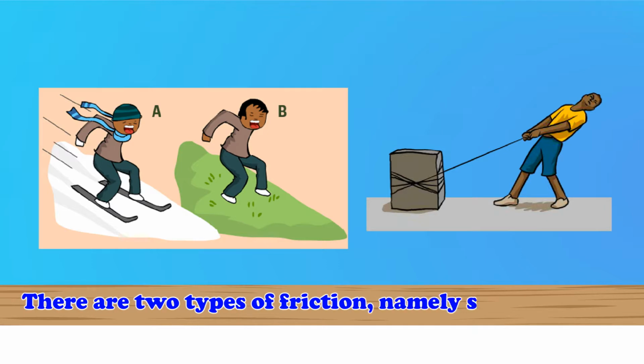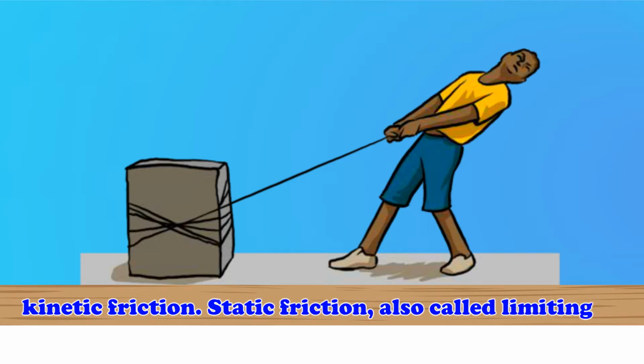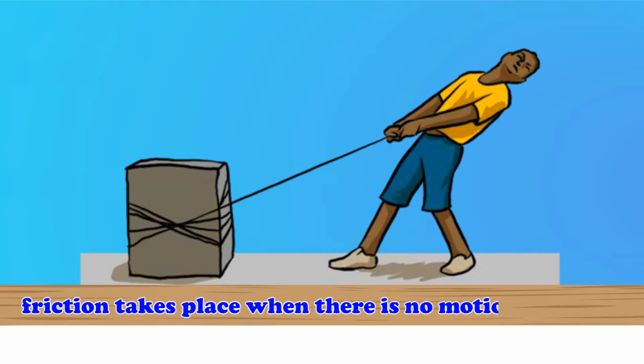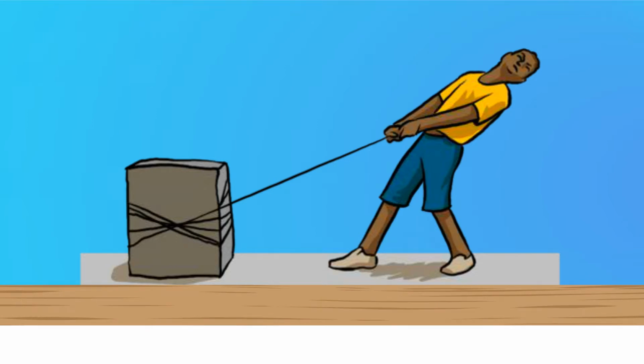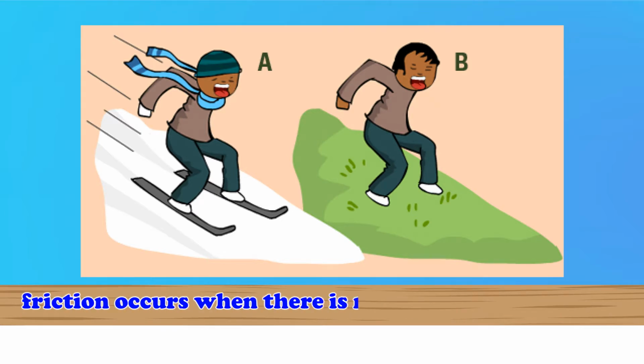There are two types of friction, namely static and kinetic friction. Static friction, called limiting friction, takes place when there is no motion, while kinetic friction, also known as dynamic or sliding friction, occurs when there is motion.